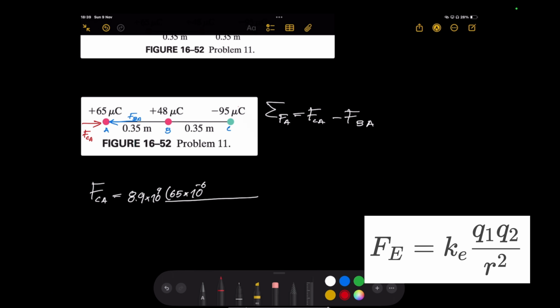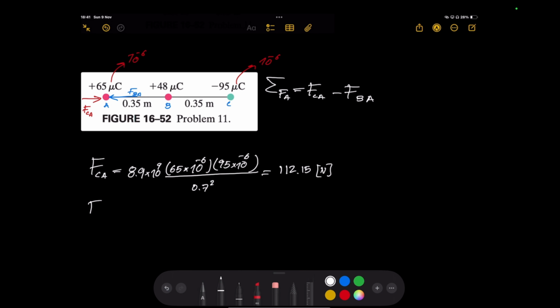Remember, guys, that micro means 10 to the minus 6. 95 microcoulomb over the distance squared, which is 0.35 plus 0.35. That's going to be 0.7 meters squared. That's equal to 112.15 newtons.